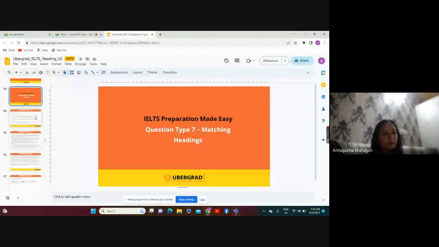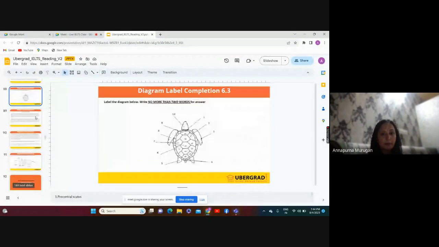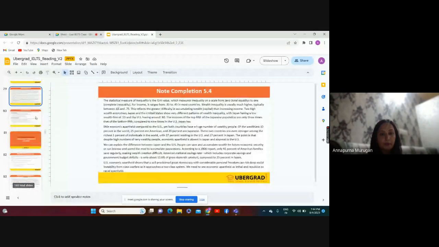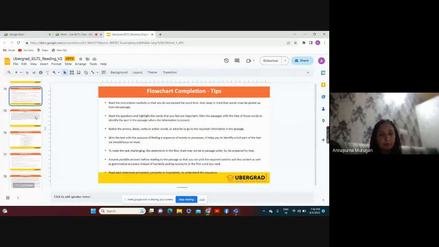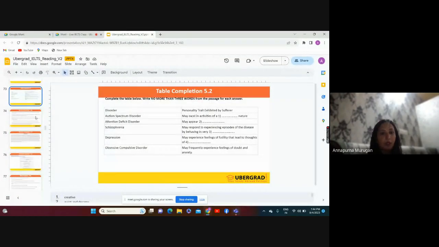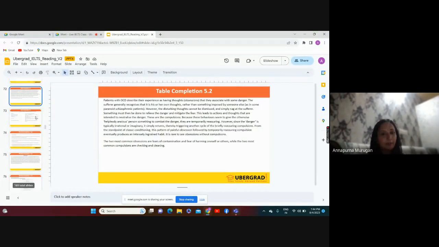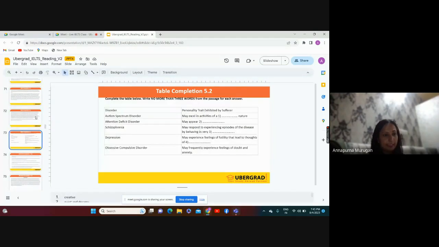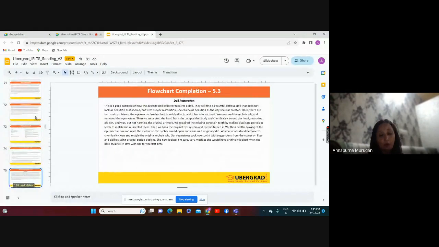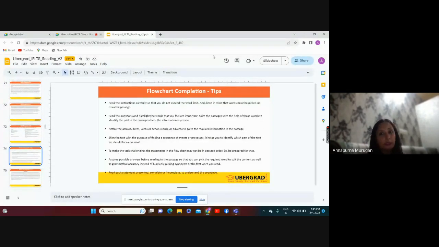Okay, table completion. Are you guys done with summary and table? Yes. So, I guess Jaydev sir has told you what the techniques are. Now, let me talk about the flow chart.